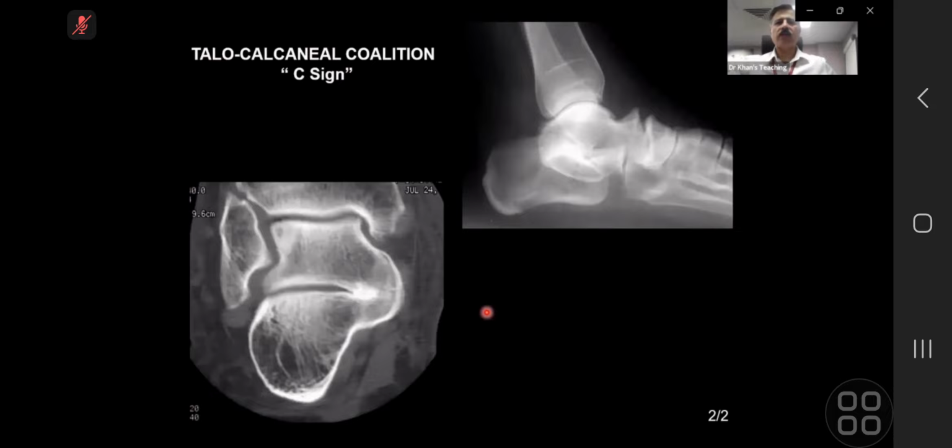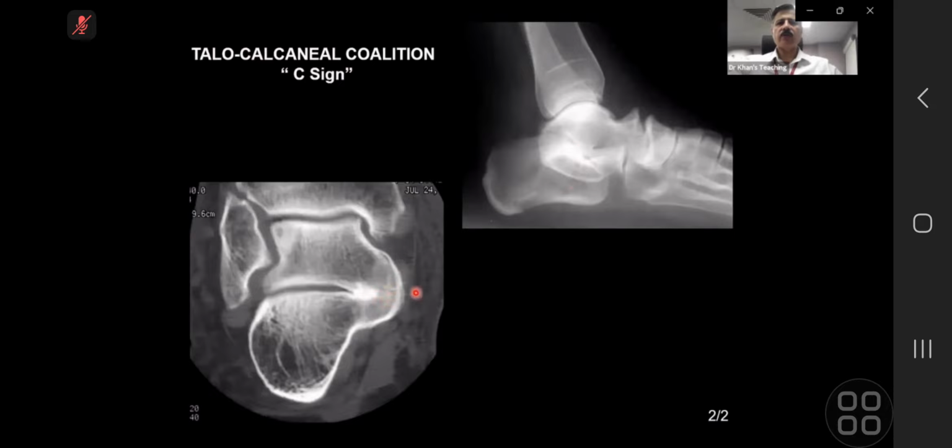This is quite pathognomonic of what we call a frank coalition. And this time, there is a bony bar at the same joint, the middle subtalar joint, and this is how it projects on a lateral.